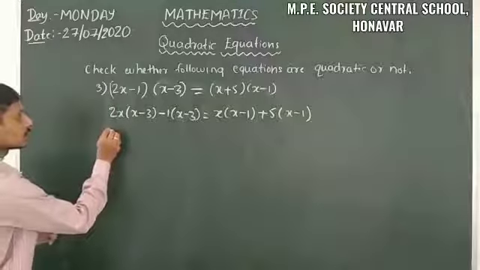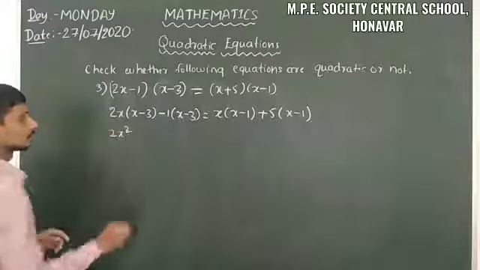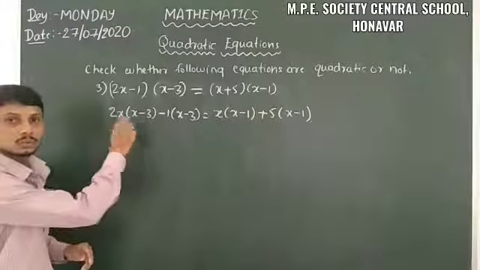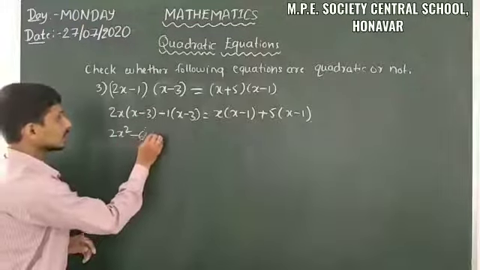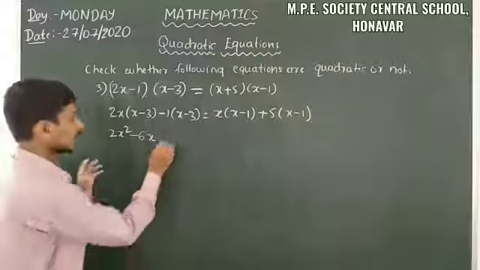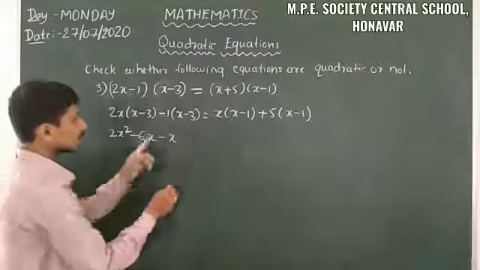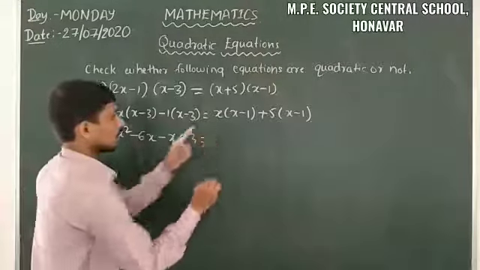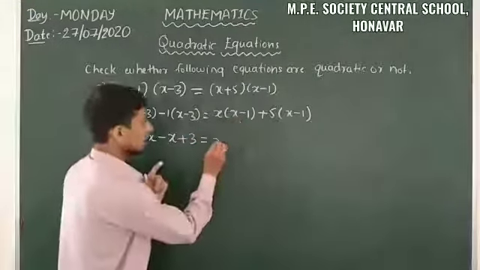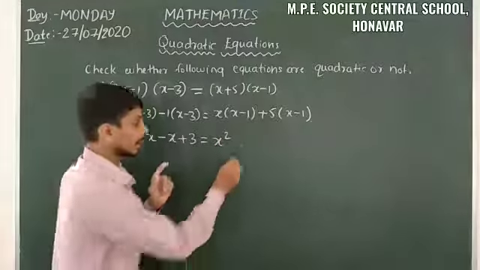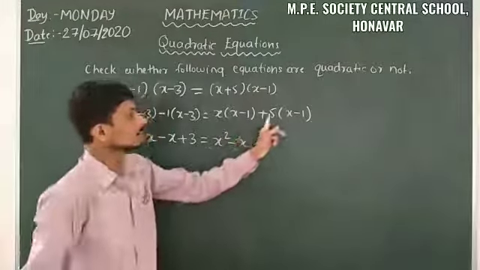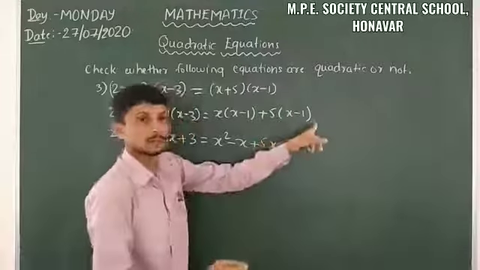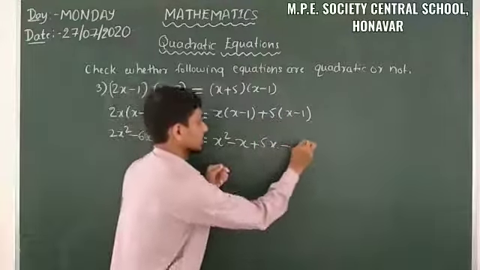That is 2x into x, 2x square, then minus 2 into 3, minus 6x, here minus into plus is minus x, then minus into minus is plus 3. Here x into x, x square, x into minus 1, minus x, then 5 into x, 5x, then plus 5 into minus 1, minus 5.